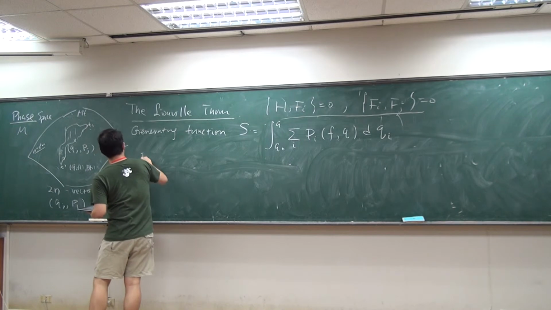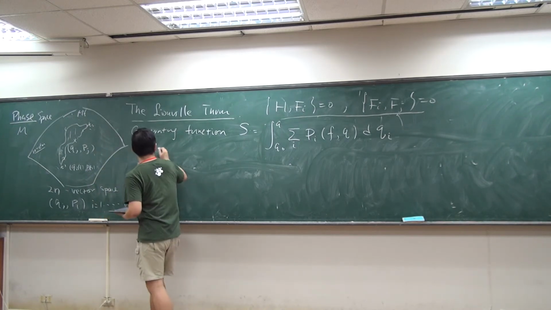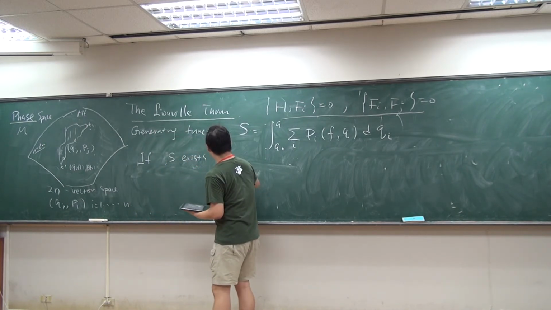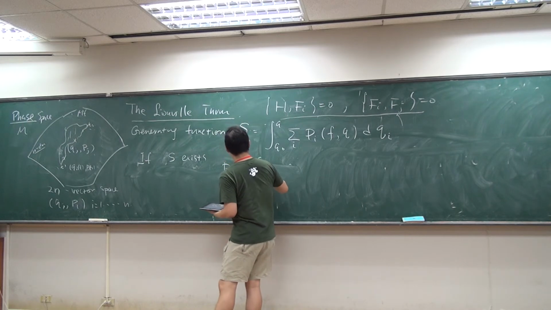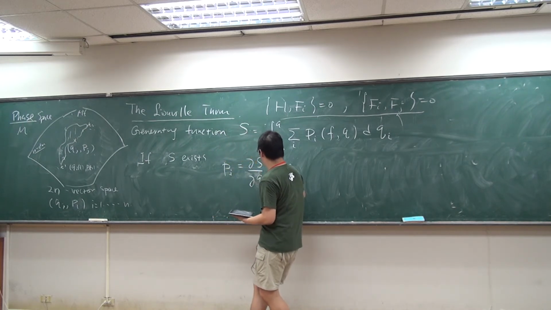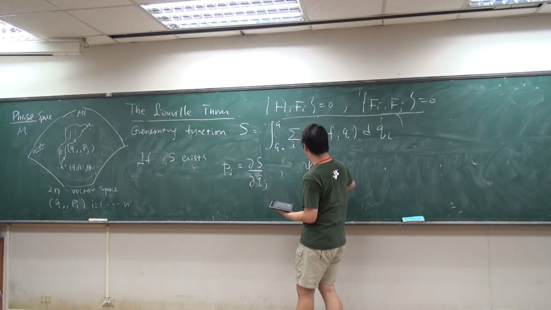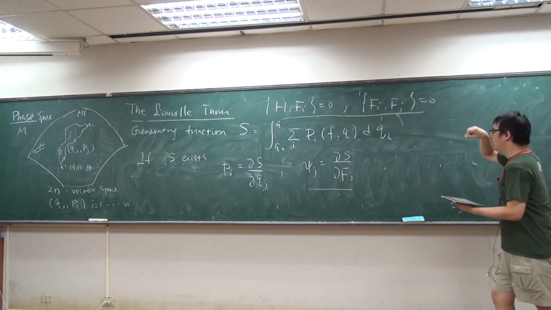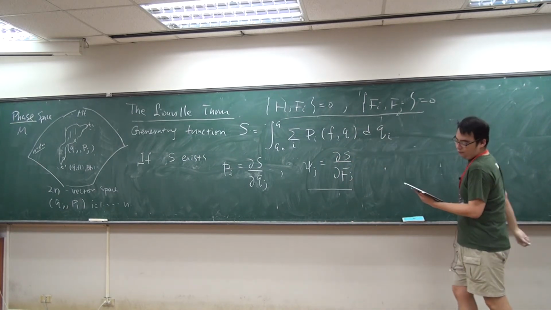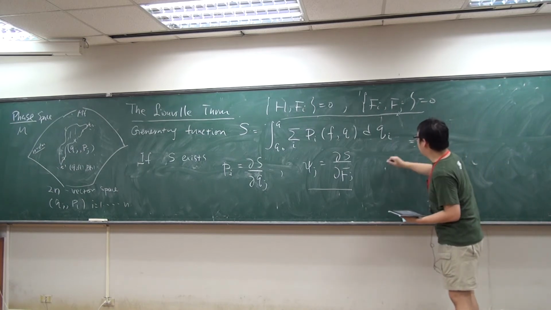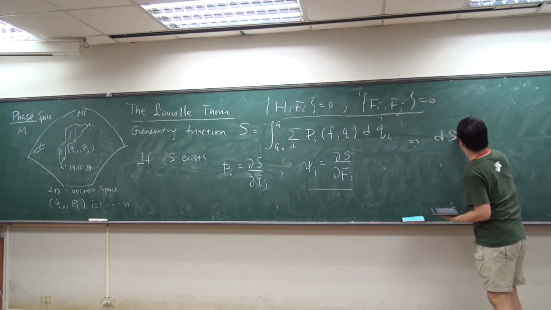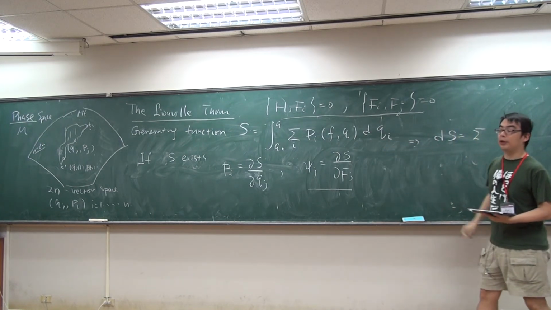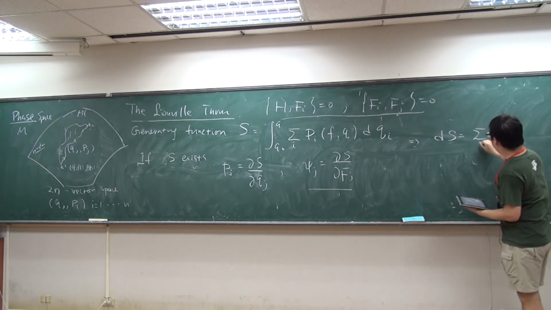If S exists, we can define that Pj is basically this, and psi j, then we can write down an exact differential, just like what you would do. This is something you normally encounter in thermodynamics, if you recall. An exact differential.